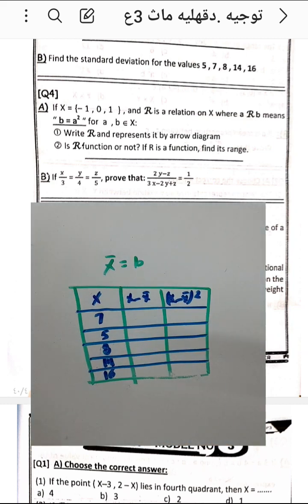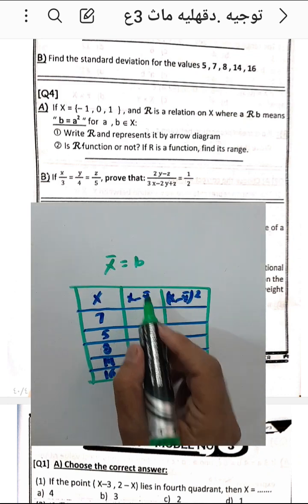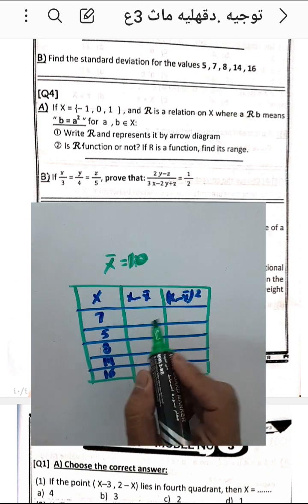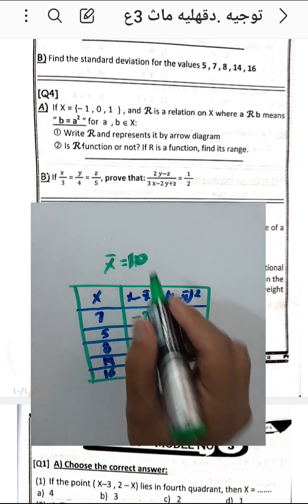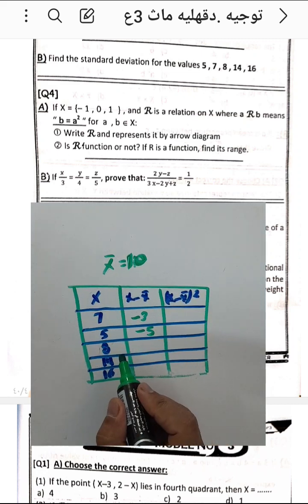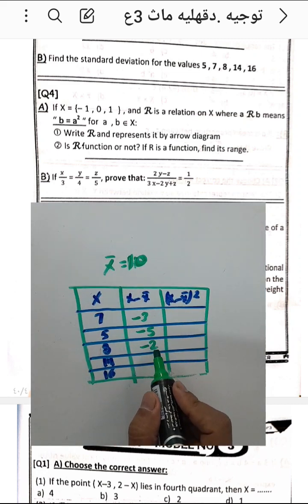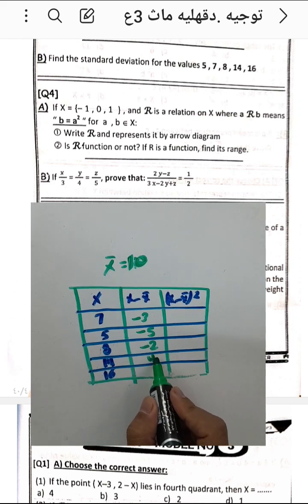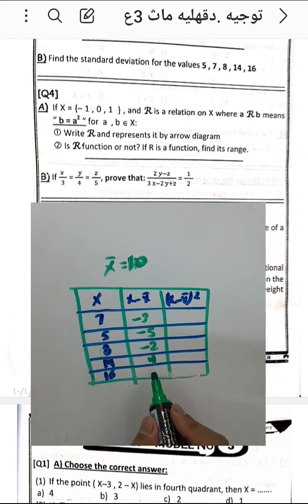Okay, we know x bar equals 10. Then 7 minus 10 will be negative 3. 5 minus 10 is negative 5. 8 minus 10 is negative 2. 14 minus 10 is 4. 16 minus 10 was 6.